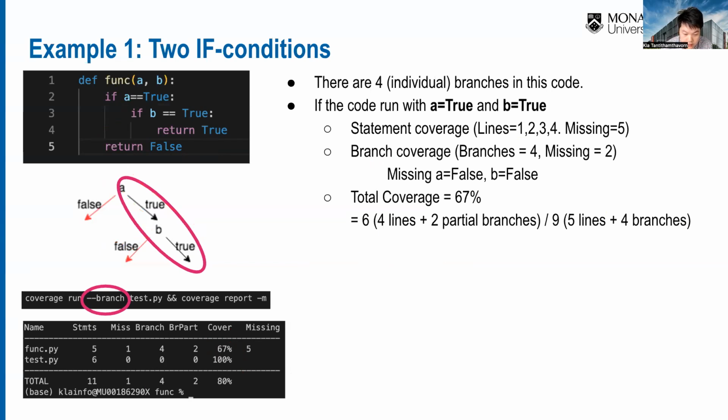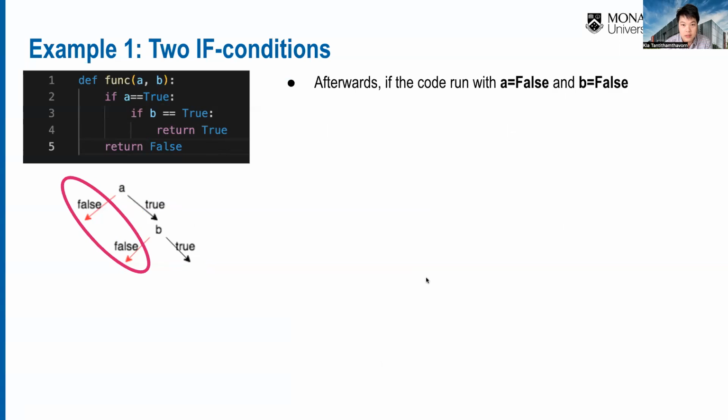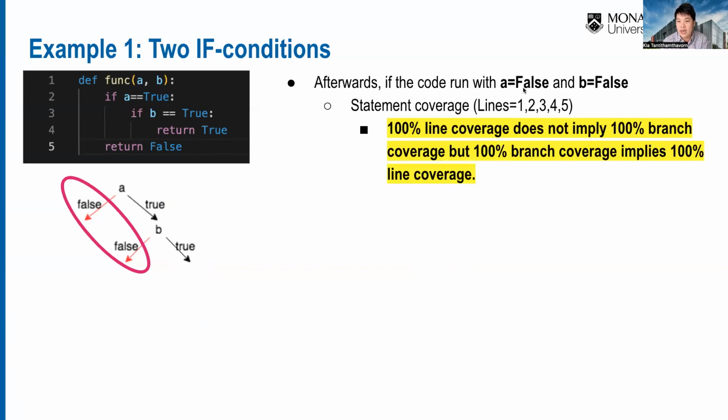Okay, let's take a look. Next, what is next? Okay, this is what I mean. Because this part is missing, that's why we need to test this one. A equal false, B equal false, but in this case we achieve 100% line coverage already, but it does not imply that we achieve 100% branch coverage. But if we can achieve 100% branch coverage, it implies that we will achieve 100% line coverage anyway.